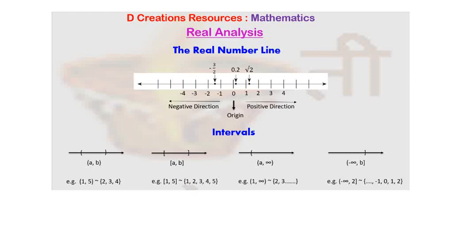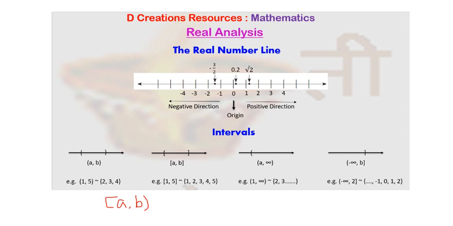Now if I want to write it in this manner, square bracket a, comma b, round bracket, and I assign a value of 1 for a and a value of 5 for b, then what is this set going to represent?